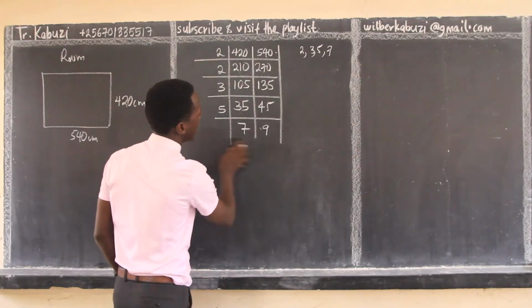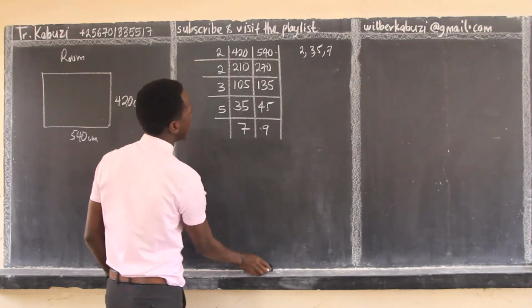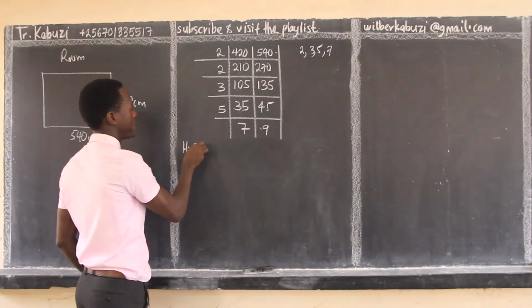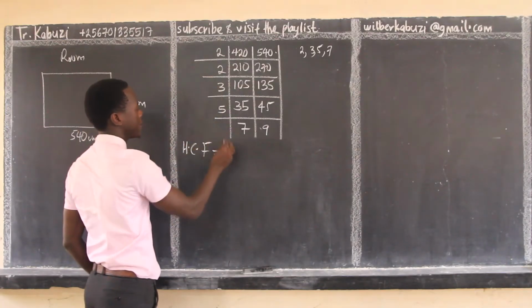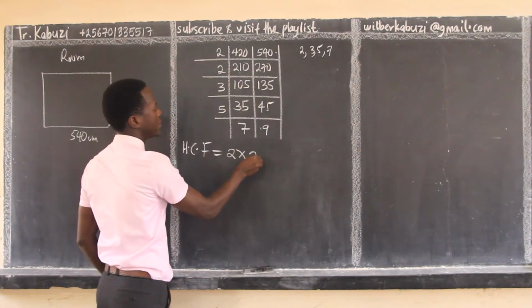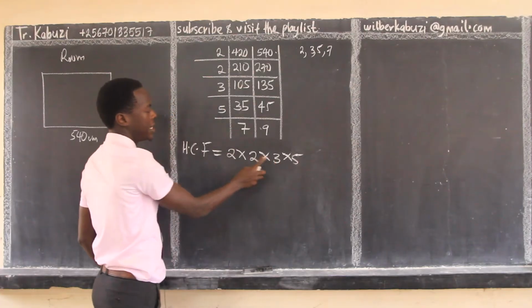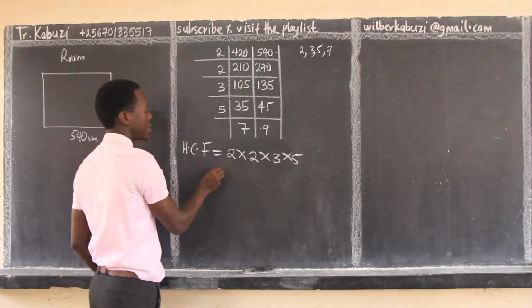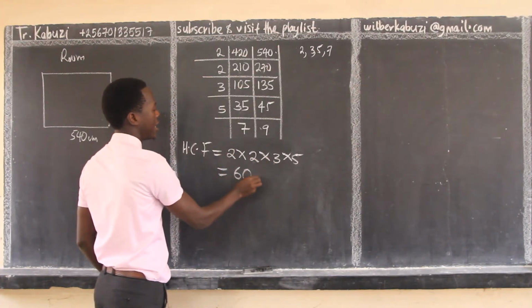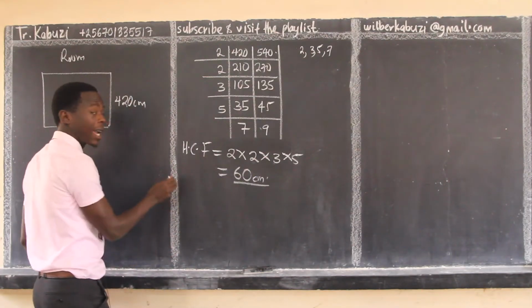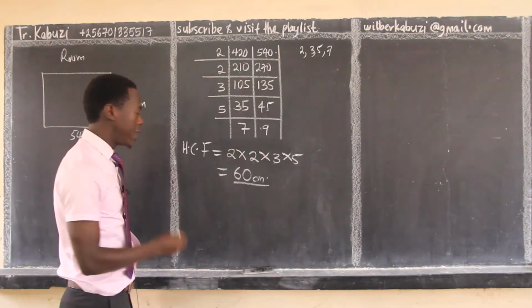That's where my division ends. So my HCF is 2 times 2 times 3 times 5. 15 times 2 is 30, times 2 is 60. So 60 centimeters.